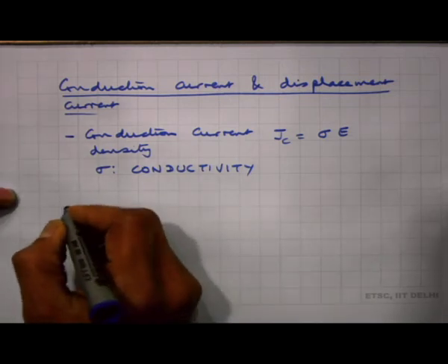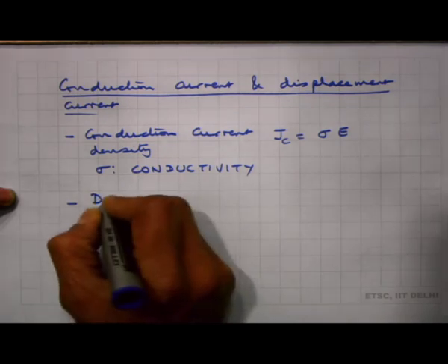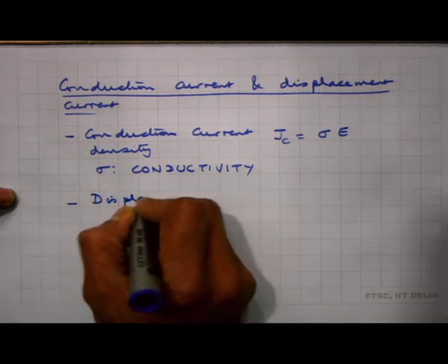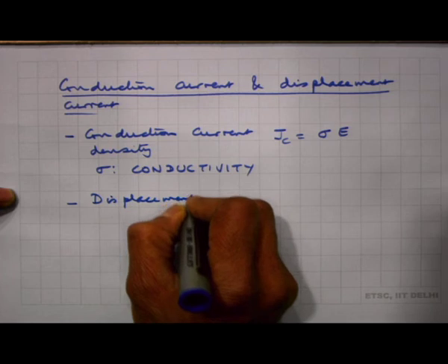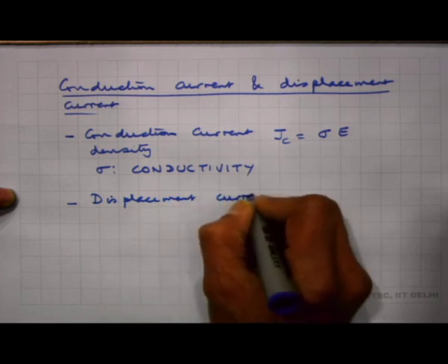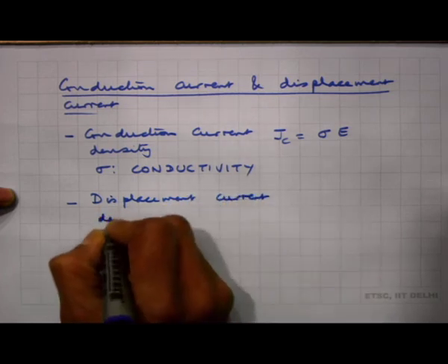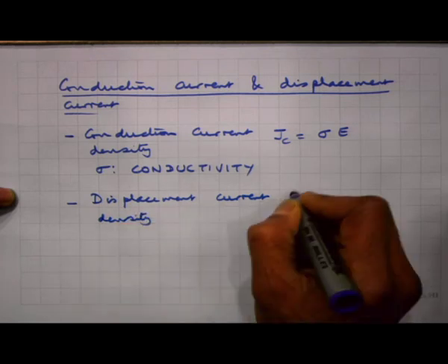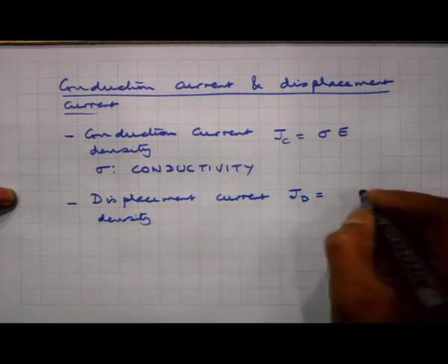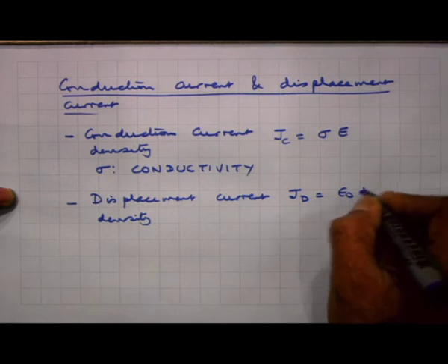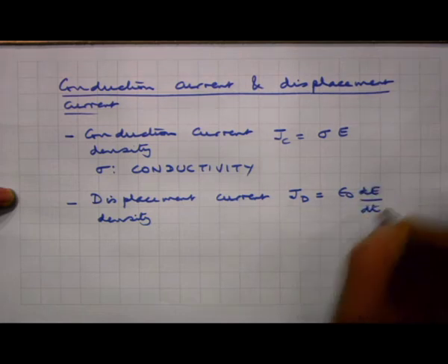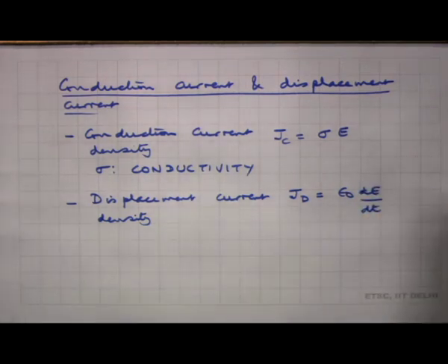We had obtained in this lecture a displacement current density Jd equal to epsilon 0 dE by dt. So, that was free space.